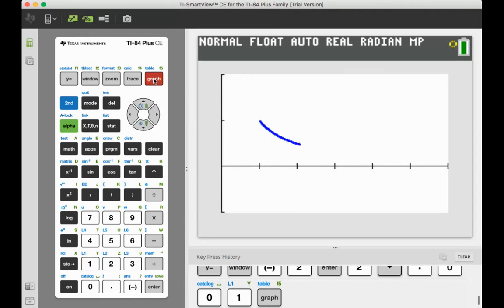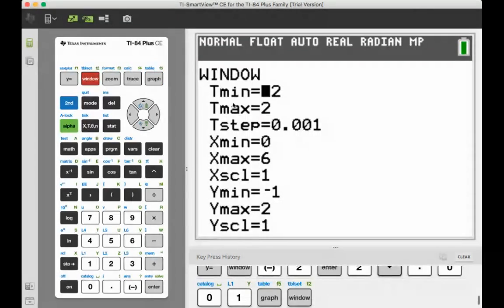And if you look at this, you'll notice it's drawing it quite a bit slower. So really the main thing is when you're looking at these parametric equations and you're graphing them, you want to make sure you have your T parameter set up correctly and that you're viewing it in a way that makes sense.